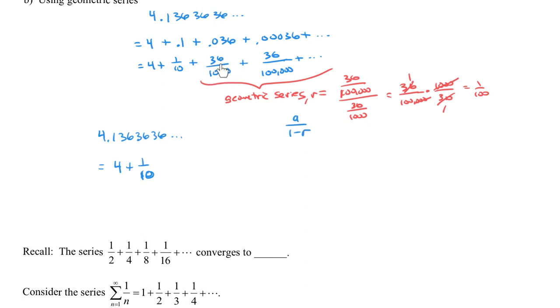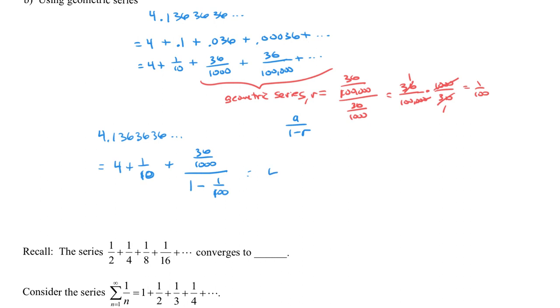This will be the first term, right? So we're going to add this to this series. So a, our first term, is 36 over 1,000, so we'll have plus 36 over 1,000 over 1 minus r, and r is 1 over 100.